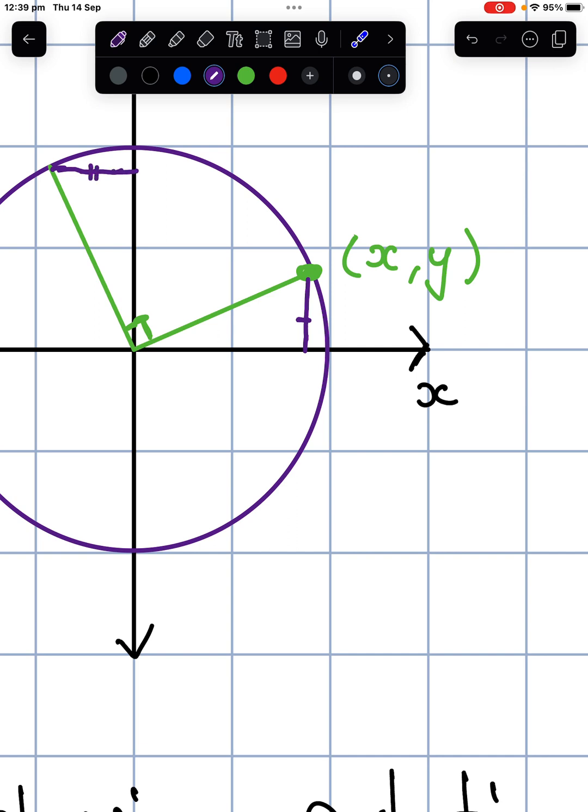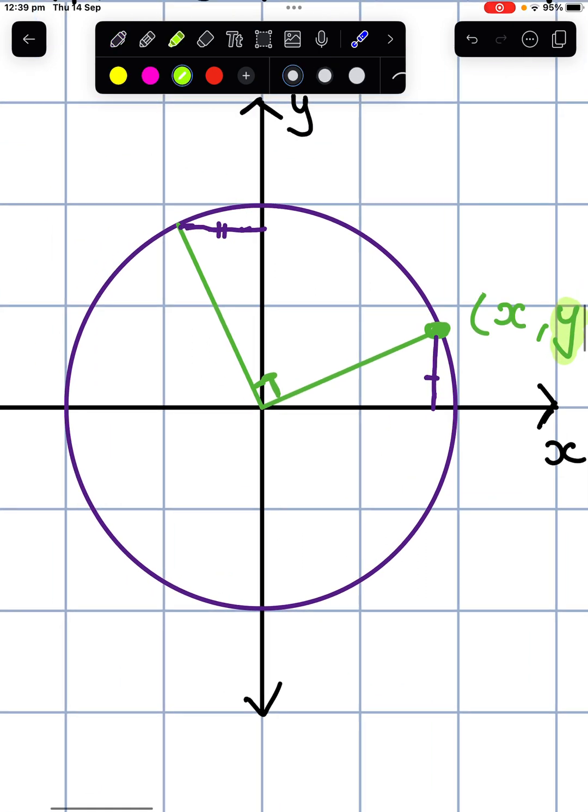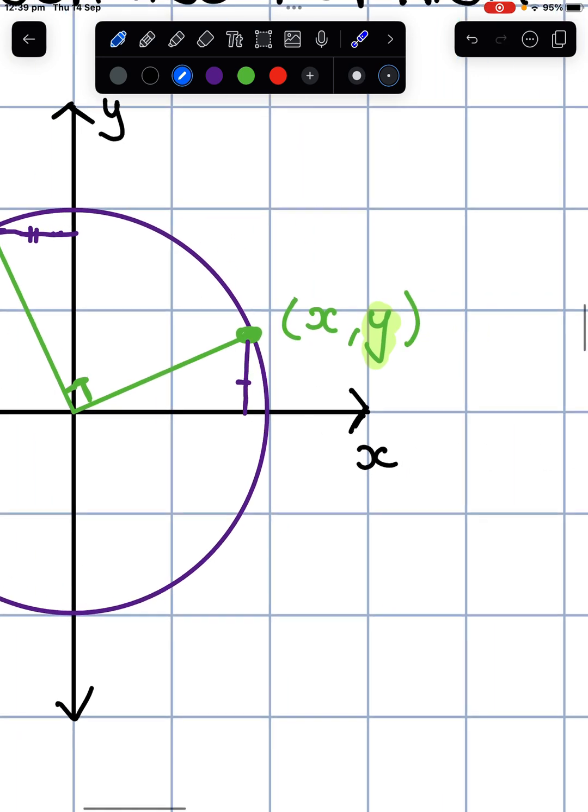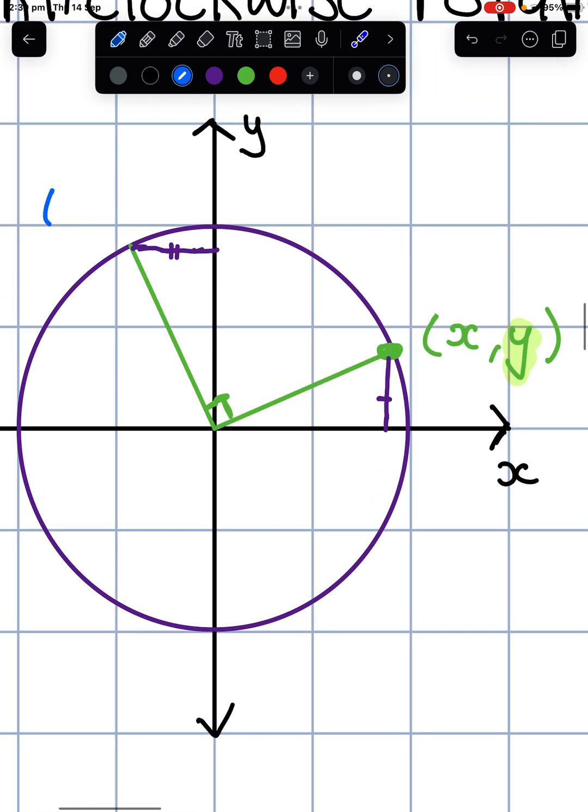So this y value gives us our x coordinate, but it'll be a negative x value. So the x is going to be negative what our y value is there.